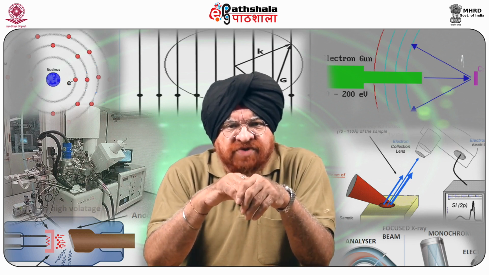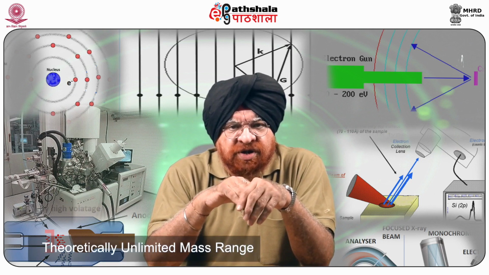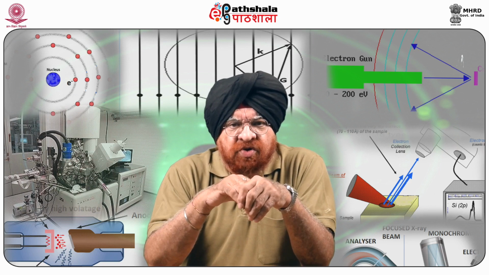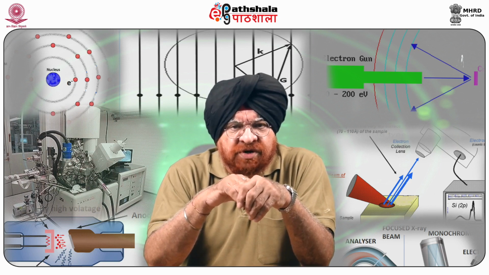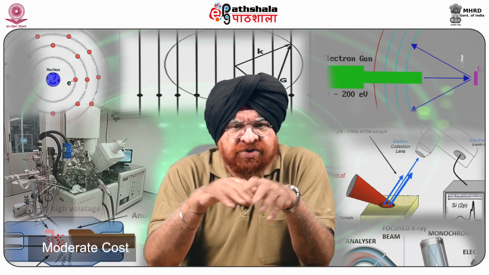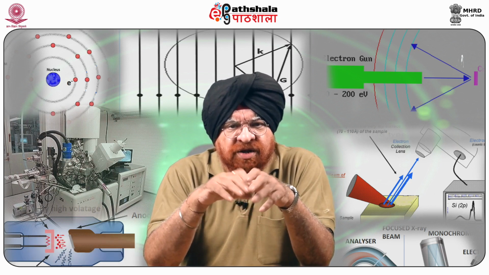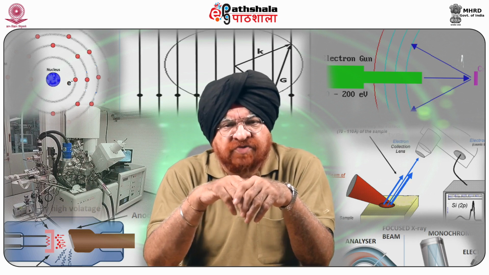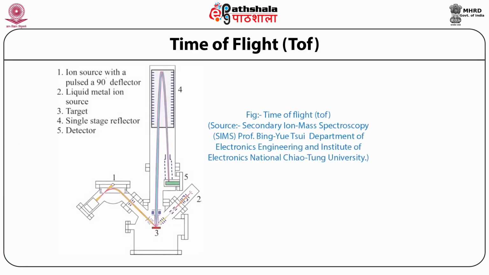The advantages of time of flight are theoretically unlimited mass range, moderate to high resolving power, moderate cost, relatively high duty cycle, and the instrumentation is not very complicated. Time of flight, TOF, as we put it in abbreviated form.